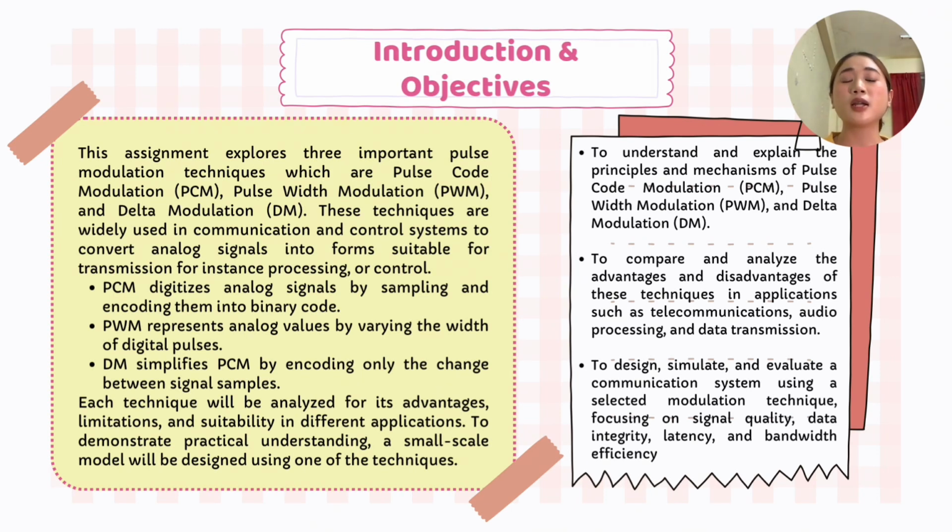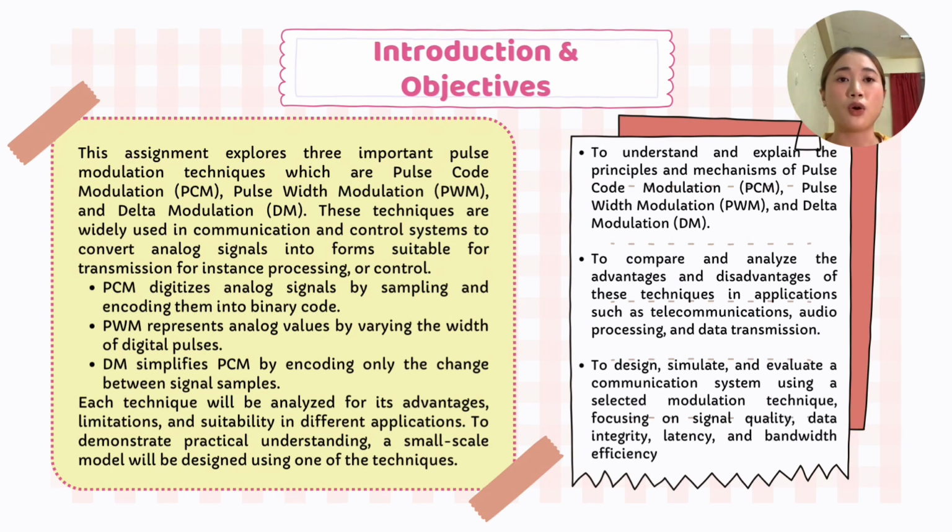PWM represents analog values by varying the width of digital pulses. DM simplifies PCM by encoding only the change between signal samples. Each technique will be analyzed for its advantages, limitations, and suitability in different applications. To demonstrate practical understanding, a small-scale model will be designed using one of the techniques.